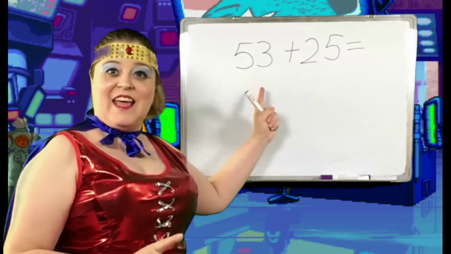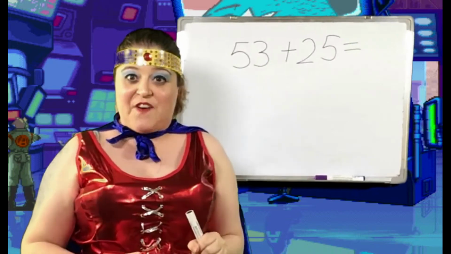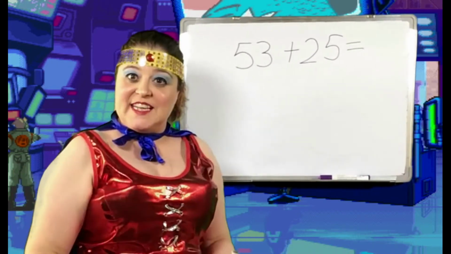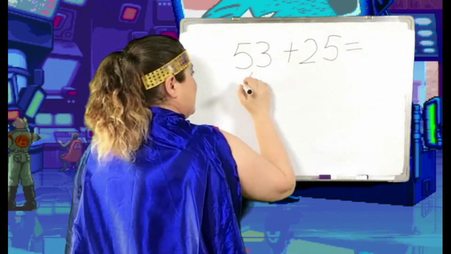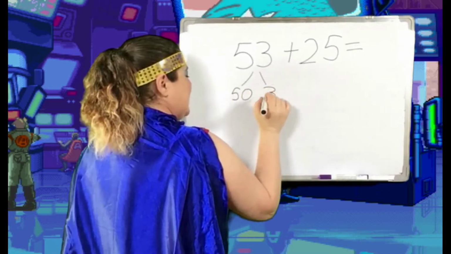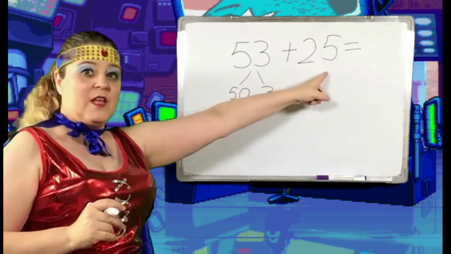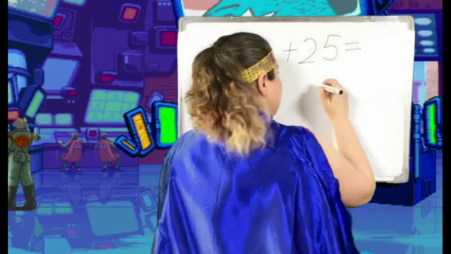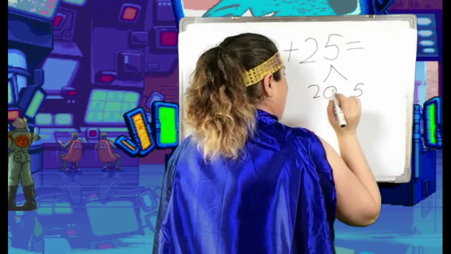Okay, here's our sum. 53 plus 25. First, we partition. We partition both numbers. 53, we split into 50 and 3. 25, we split into 20 and 5.